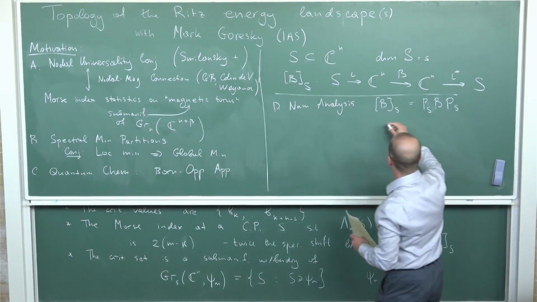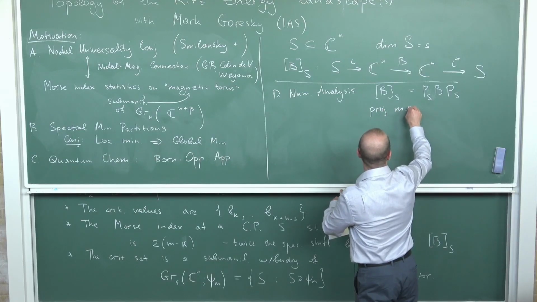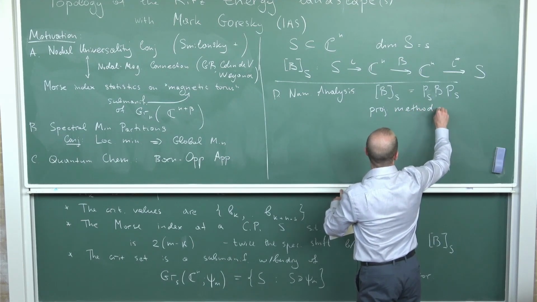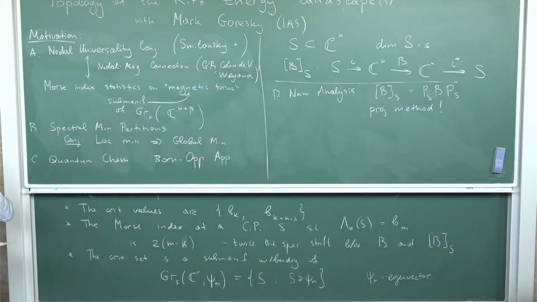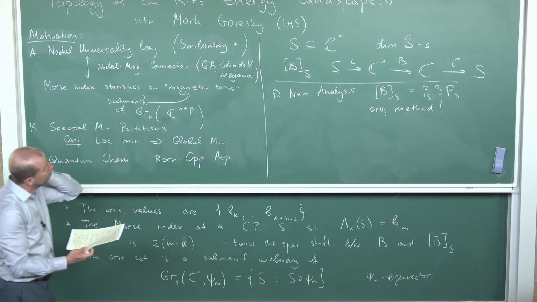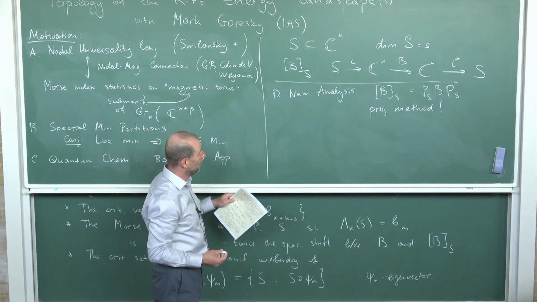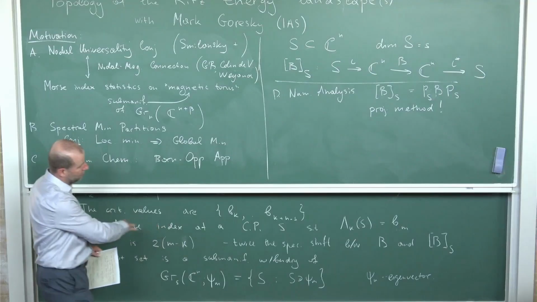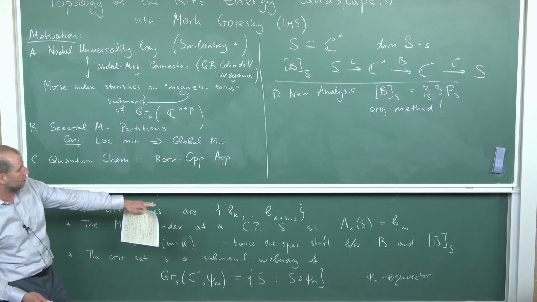So this is the projection method. And the name Ritz values, Ritz landscape comes from there. And we see in this result that the critical values are the eigenvalues.